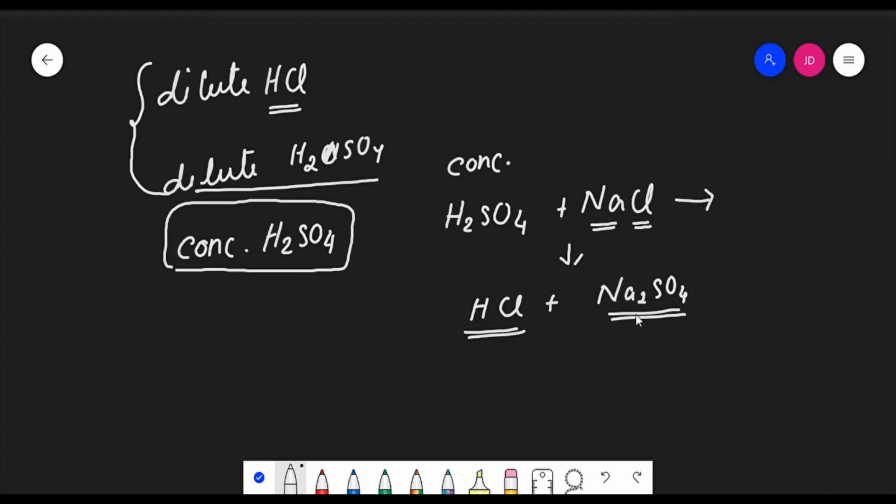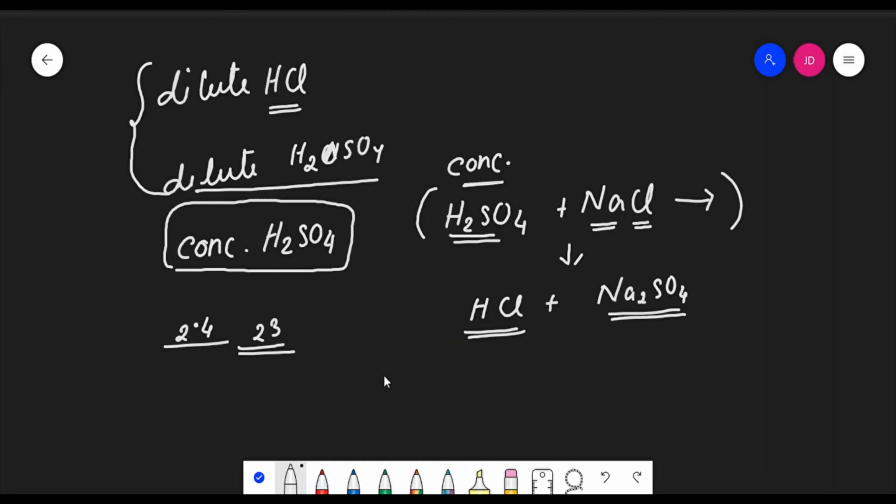So I hope you have understood it. This reaction will not take place if we take dilute H2SO4. We have to take concentrated H2SO4. So you can see this in figure 2.4, page number 23.